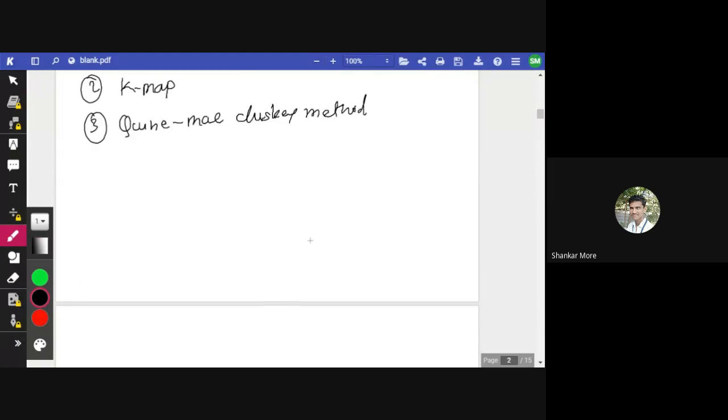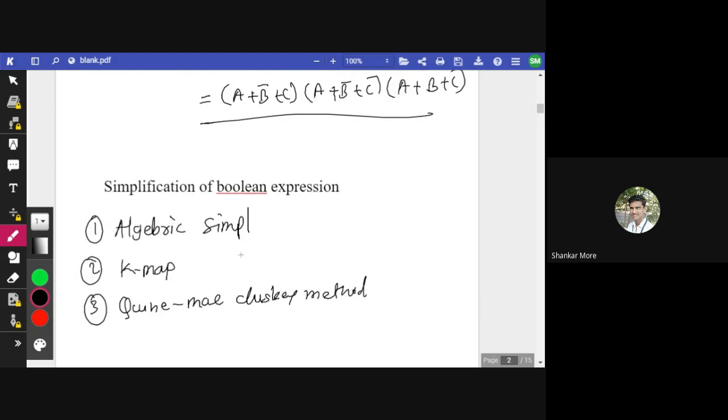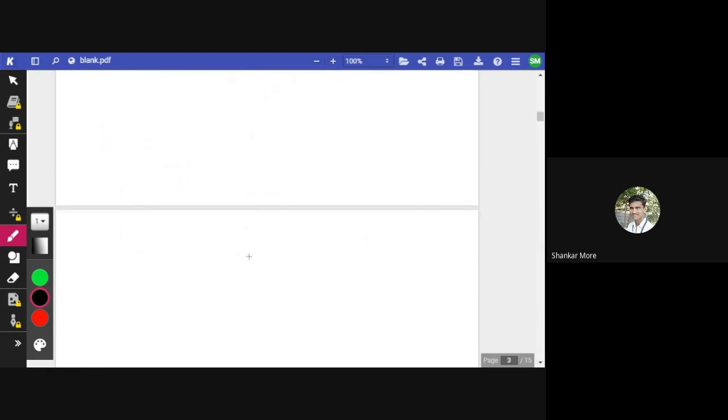So we will discuss a problem based on the first one, that is algebraic simplification. We'll see how we can solve the problem with the algebraic method.